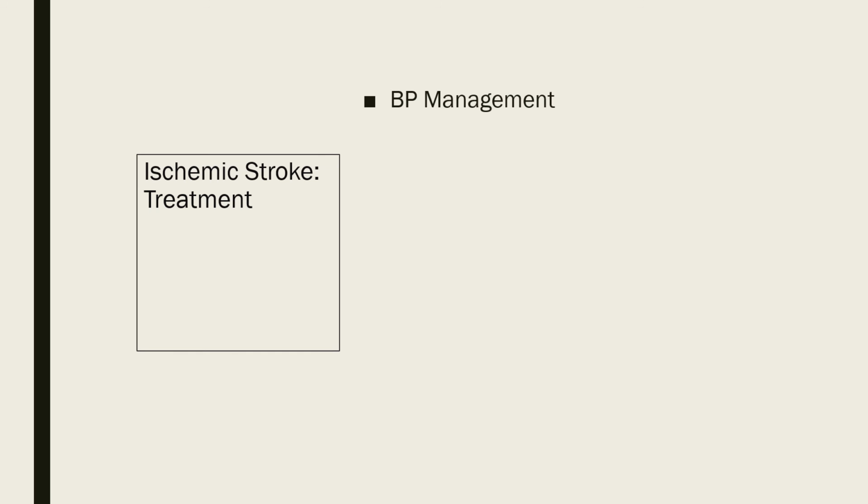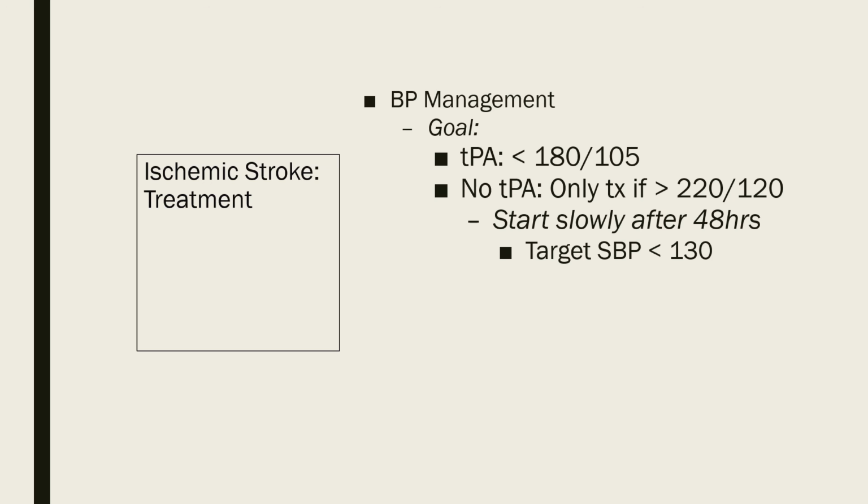So as far as blood pressure management goes, as mentioned, if the patient's getting TPA, you want their blood pressure less than 180 over 105. However, if they're not getting any TPA, then you only treat their blood pressure if it's greater than 220 over 120. This is because you don't want to decrease perfusion to that ischemic area.